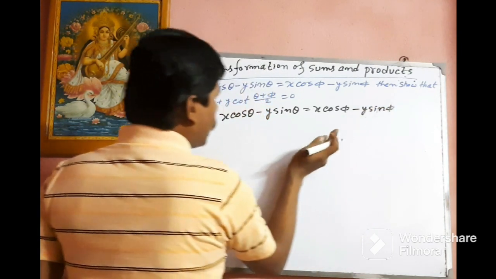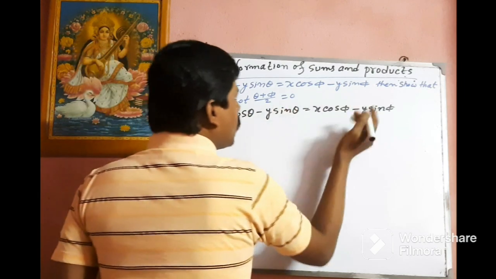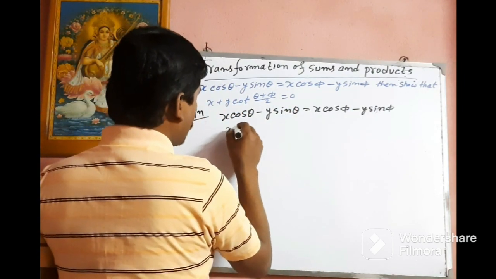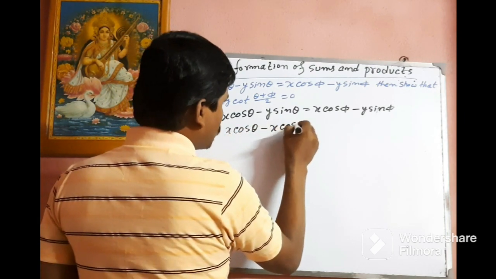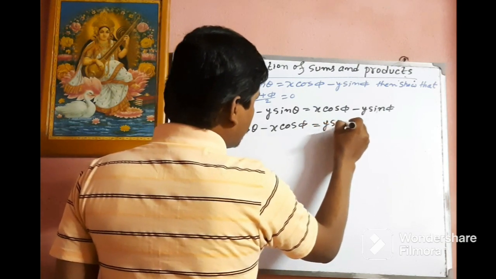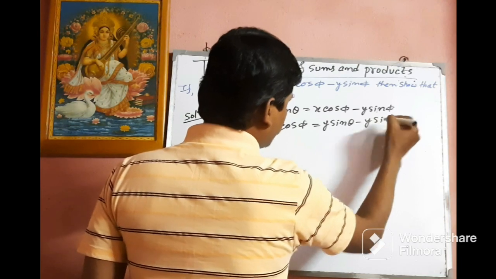Now if we move x to one side and y to the other side, then we get x cos theta minus x cos phi is equal to y sin theta minus y sin phi.